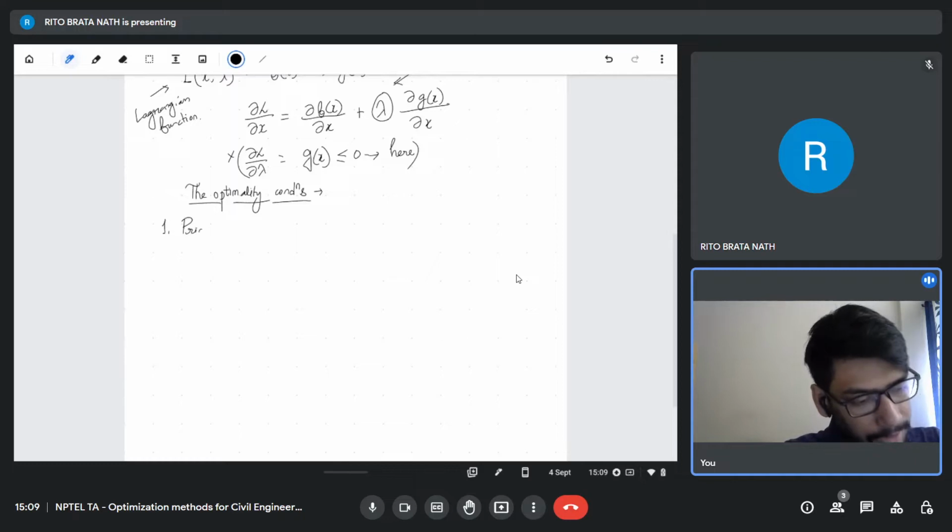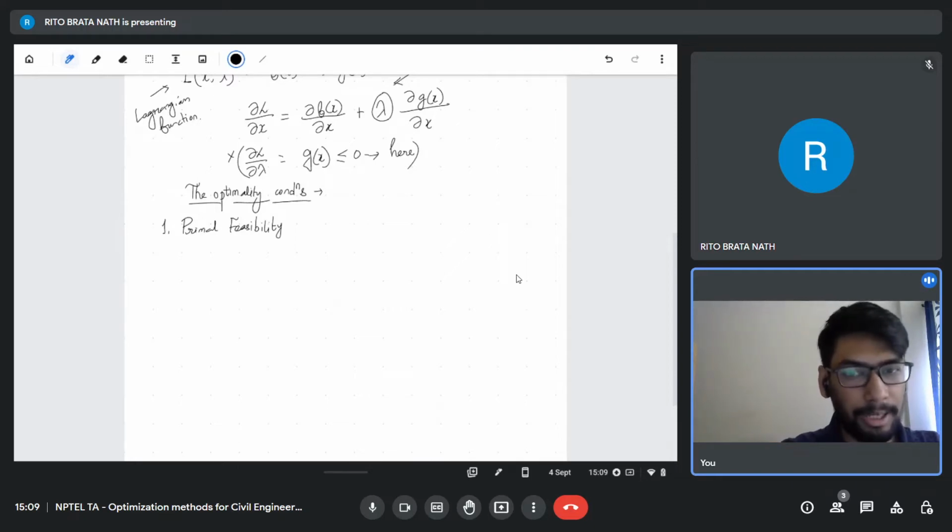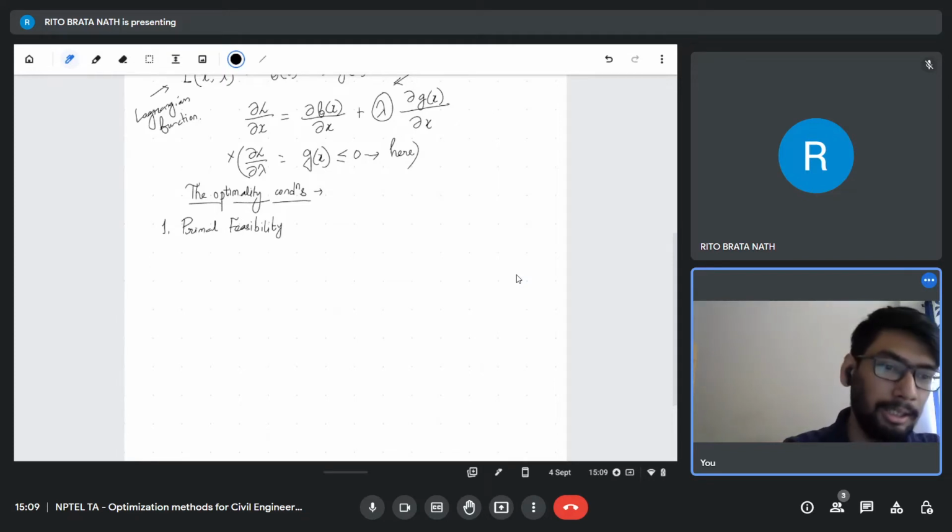The first is primal feasibility. You can think of this as a primal problem, and you can write its dual as well. I'm not going into the details of it. Those are mostly for convex optimization problems. If you assume the functions we are dealing with, f(x) and g(x), are convex, then you are dealing with a convex optimization problem, and you are guaranteed to have a global minima for this kind of problem setup.